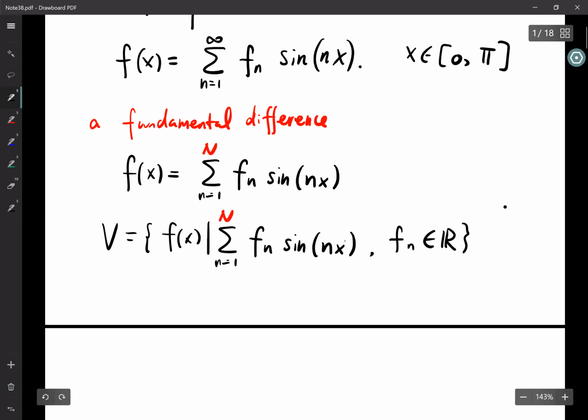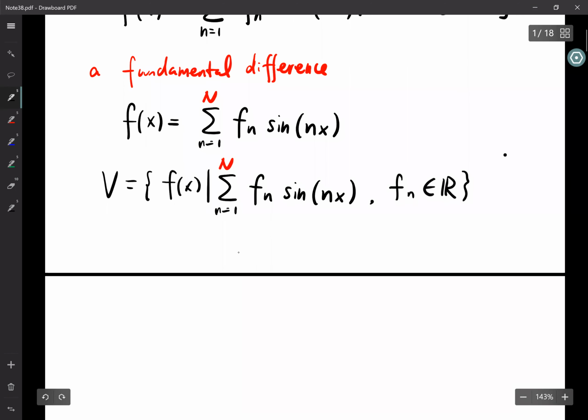If you give me some other function, let's say a cosine, or x squared, modified to satisfy the boundary condition that they should vanish at 0 and pi, unless it really looks exactly like this, other functions just won't fit into V.